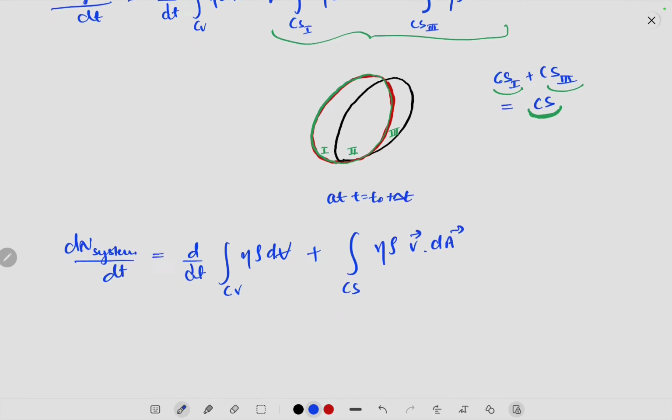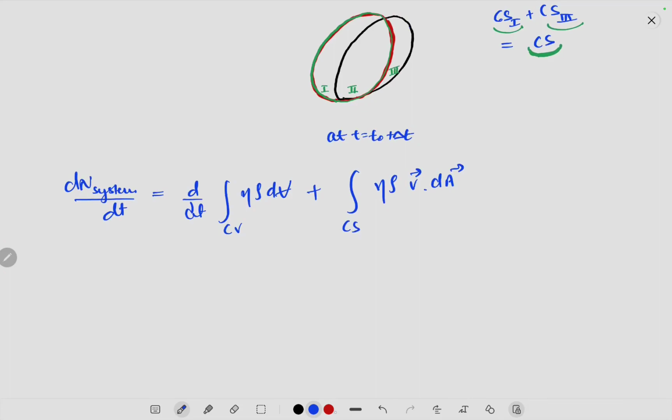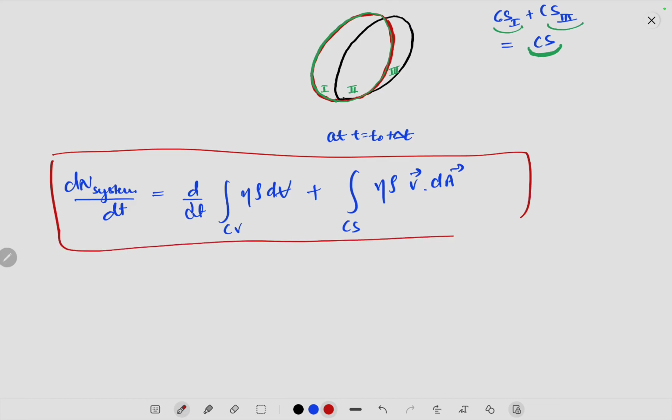This is referred to as Reynolds transport theorem.